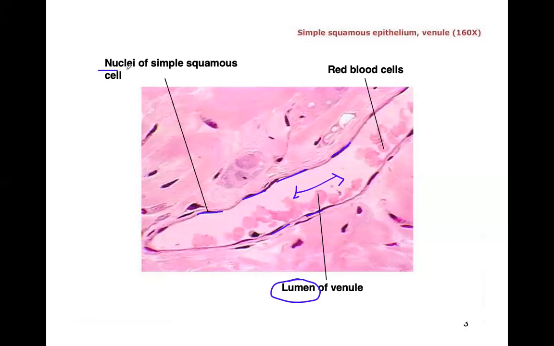So this happens to be the nuclei of it's one cell layer thick. So it's simple, and they're squamous cells, okay? This is a red blood cell, right? So we're looking at liquid connective tissue traveling through here. But what we want to know is what is the type of epithelium, and we would have a line, if I was asking it, pointing to this structure here, or this structure here.